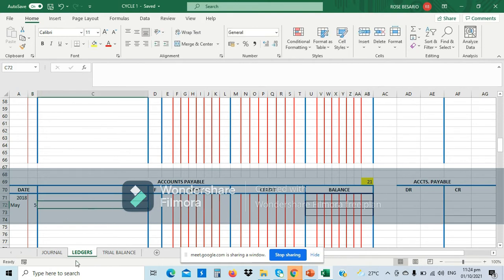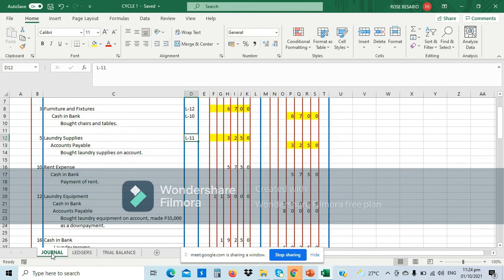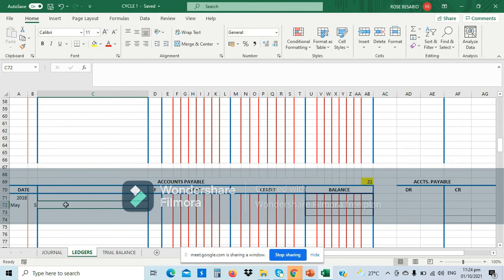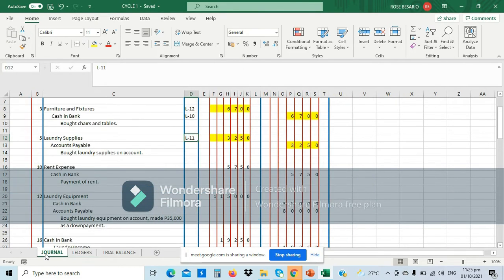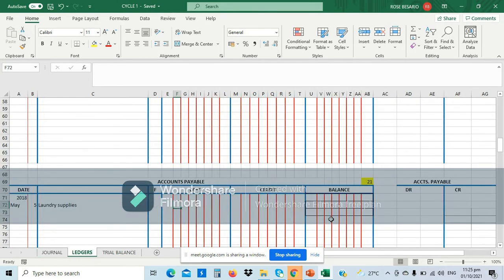Then we need to explain here. So this is bought laundry supplies on account. So it can be simply laundry supplies. Then it's a credit. How much? 3,250. And then extend the amount, 3,250.